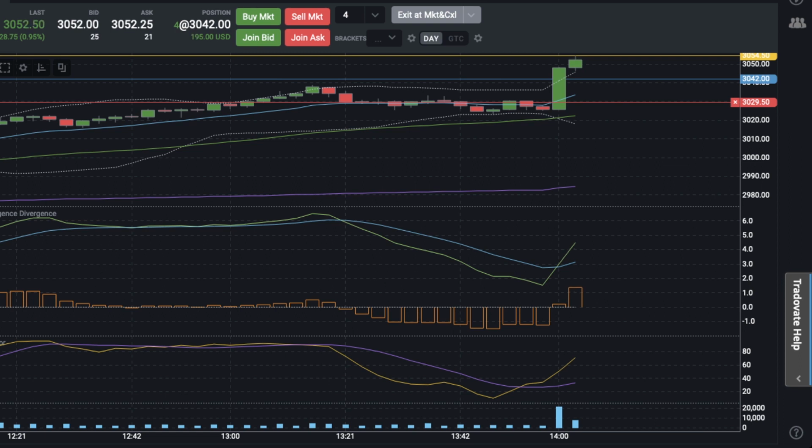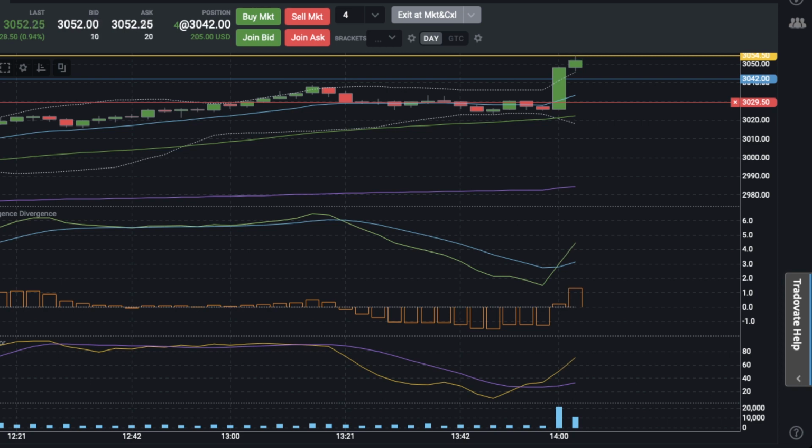If you look at the volume on the bottom, that was a 20,000 contract trade exchanged within 3 minutes. That's huge for the micros to get that kind of a pop. And we were coming off of trading under 1,000 contracts a minute, so that was ridiculous. Definitely based on some news that just came out.